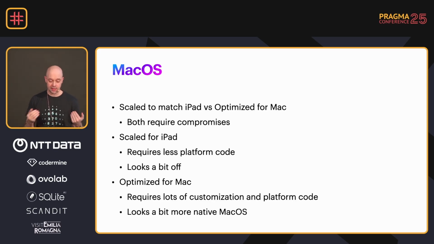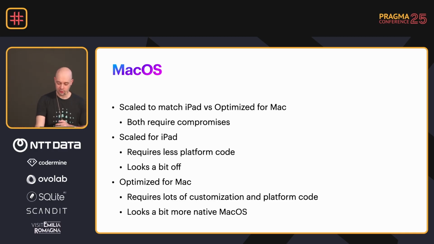When you select Scaled to Match iPad, it works out of the box. It doesn't need a lot of customization, but the app doesn't look as native. If you select Optimize for Mac, the app does look more native, but it requires a lot of customization.